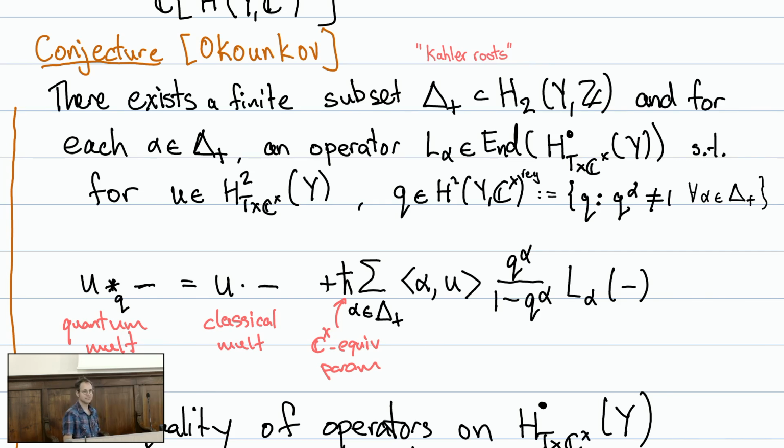Yeah? What is the role of t? For example, do the parameters generating the t-equivariant homology of a point enter in this picture or not? I mean, you have t, but at the end of the day it does not appear in the formula. That's a good question. Why do you switch on t? I mean, you can switch it off. It doesn't play a huge role.